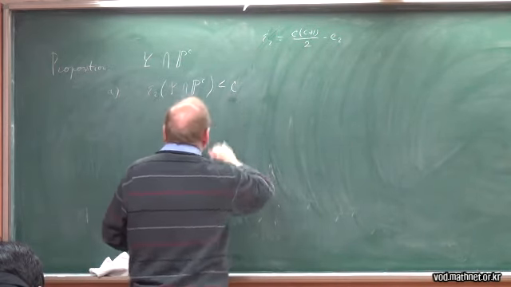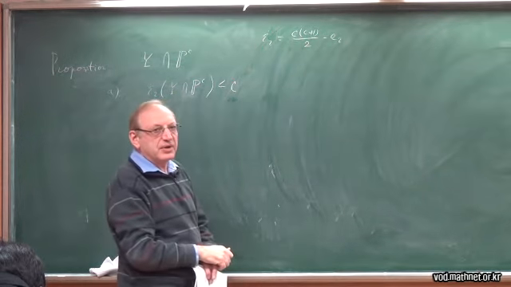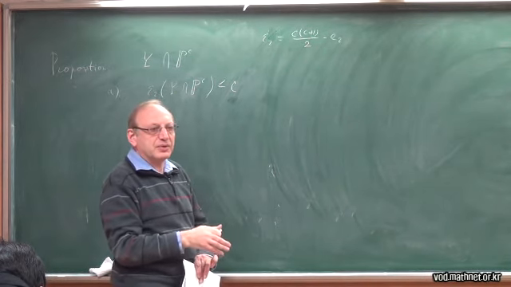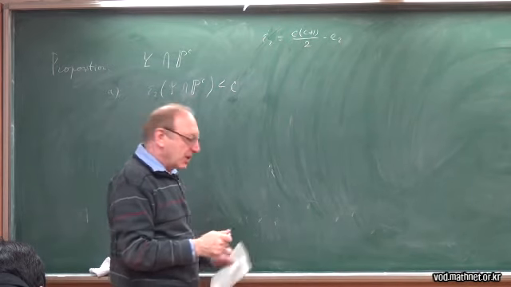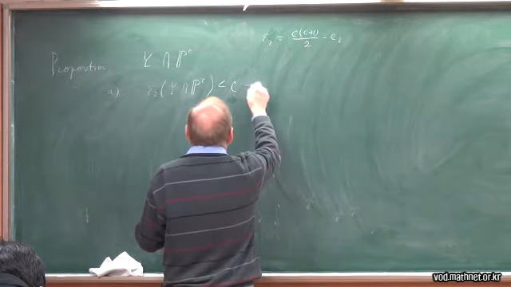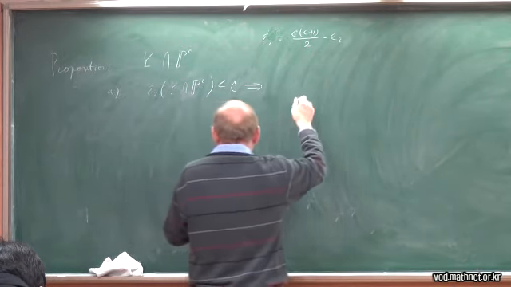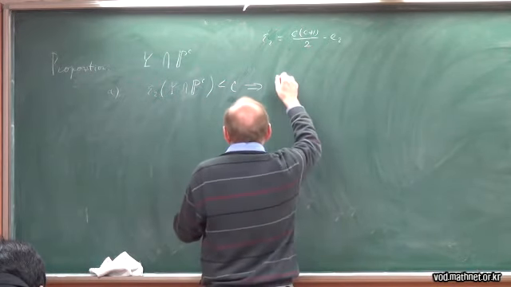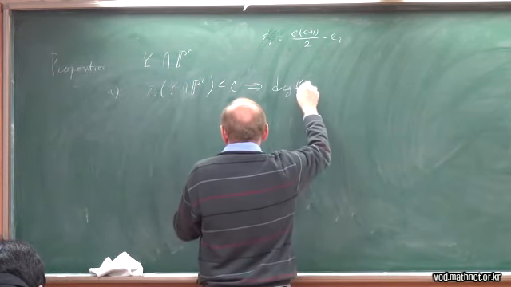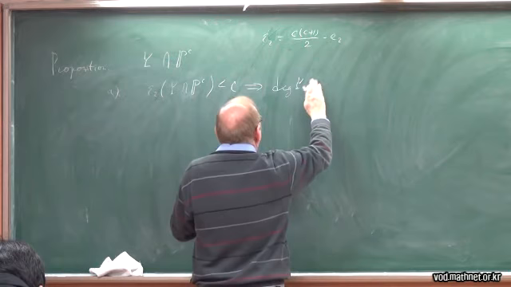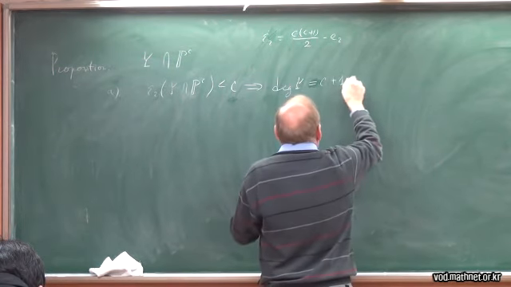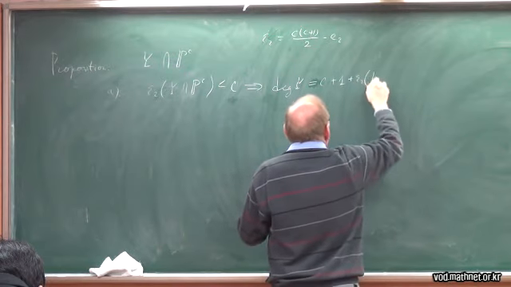Suppose that the difference is less than codimension. For example, 0 is good, 1 is good, up to codimension. And then we have the following bound for the degree. Is equal to c plus 1 plus epsilon 2 of this intersection.